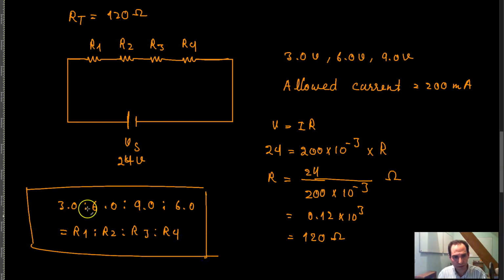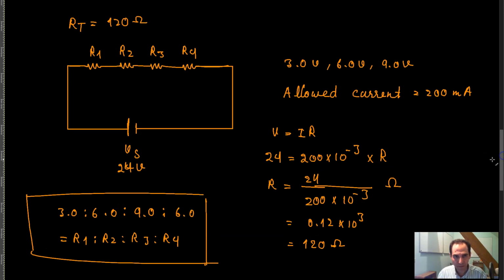Now let's use the same ratio and see what happens if we choose a couple of resistors. You need to make sure that the total amount of resistance is not higher than 120 ohms.